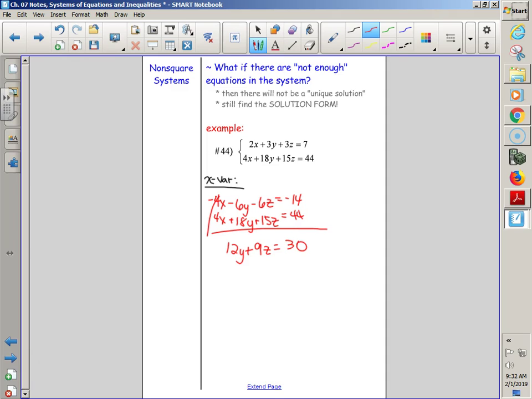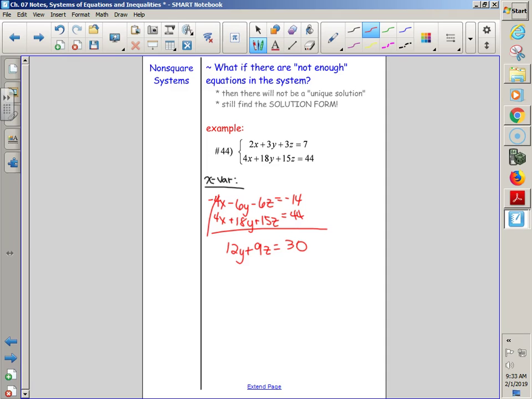How's it look? It's a good idea because that's what the system tells us, right? R1, R2, eliminate the x's.